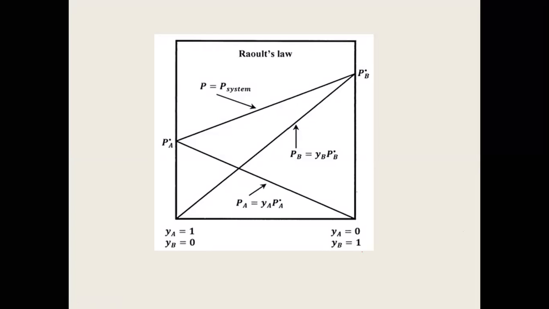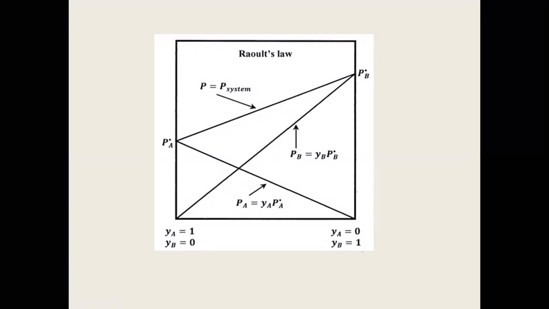On one side, mole fraction is equal to 1, and on the other side, mole fraction is equal to 0. Mole fraction of A is equal to 1 at one origin, where the mole fraction of B is 0, whereas mole fraction of B is 1 at the other origin. That means mole fraction of A equal to 1 represents pure A.